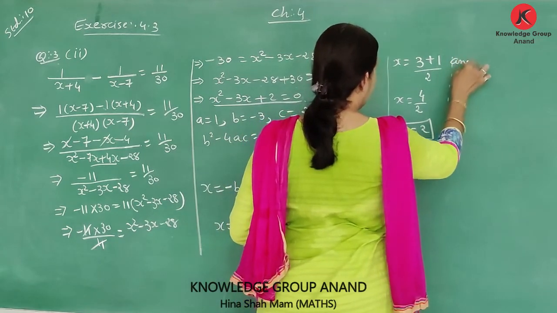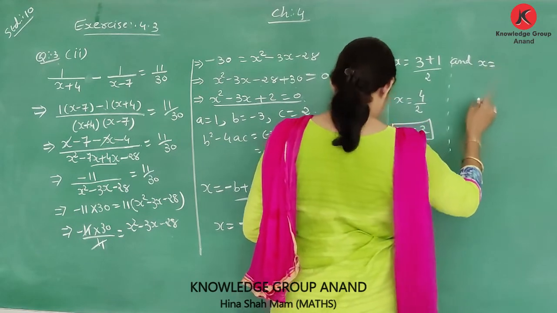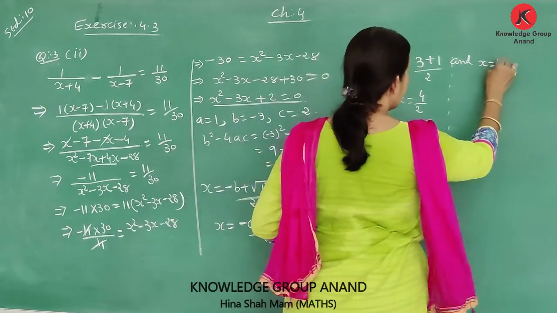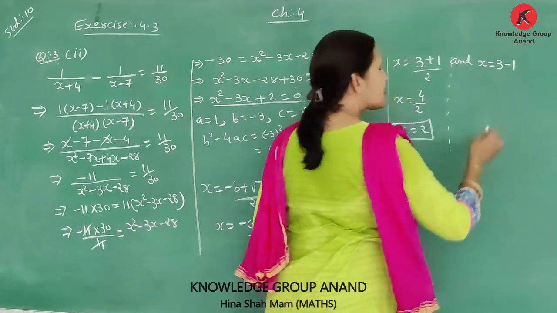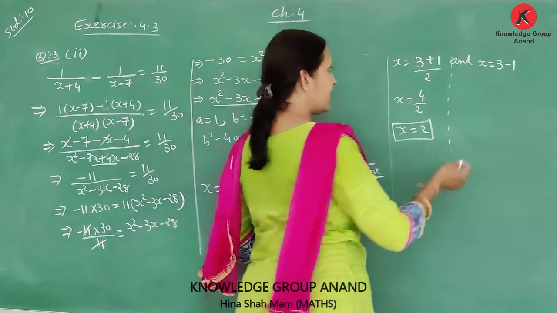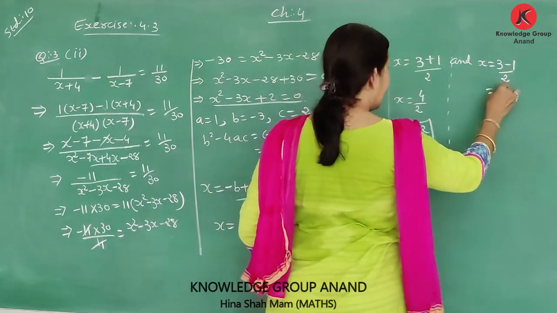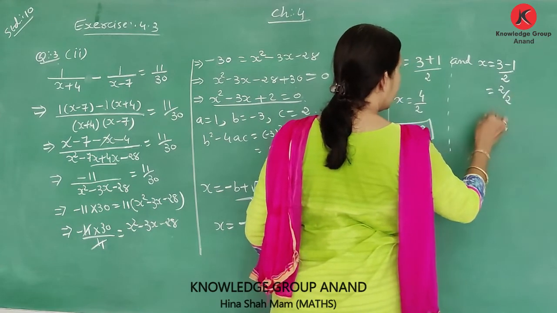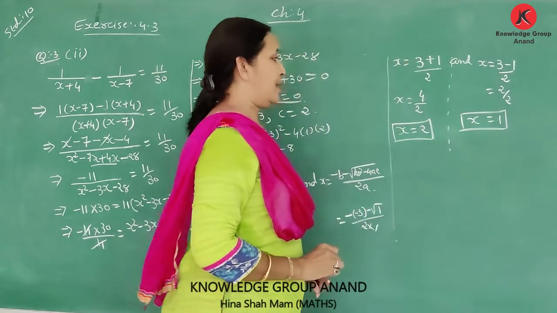And x is equals to minus minus 3 minus root 1. Square root of 1 is equals to 1. Here the sign is minus, so 3 minus 1 upon 2, that means 2 upon 2 is equals to 1. x is equals to 1.